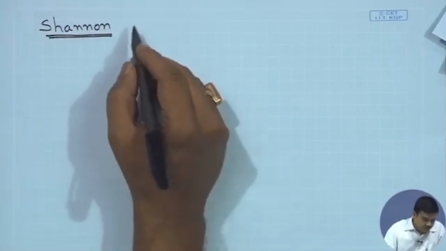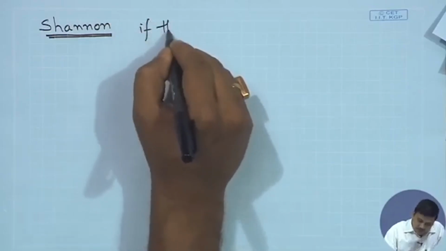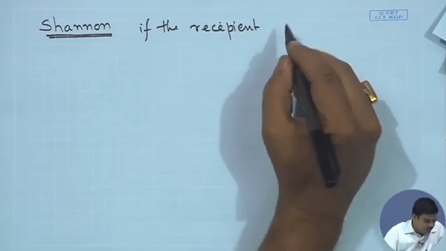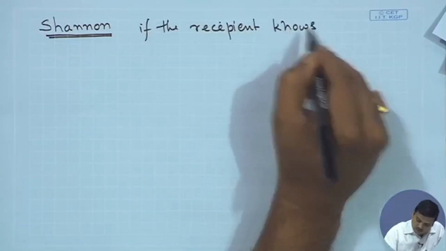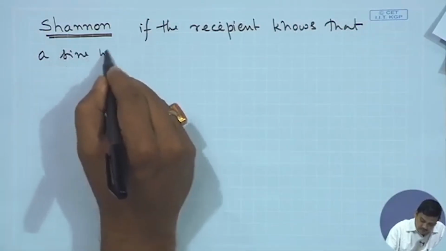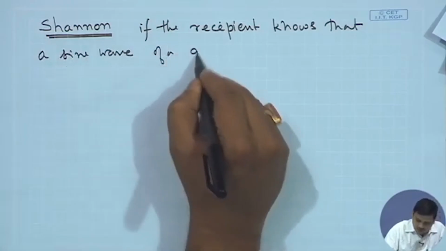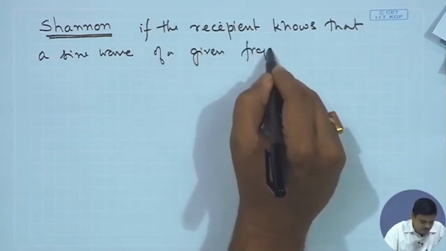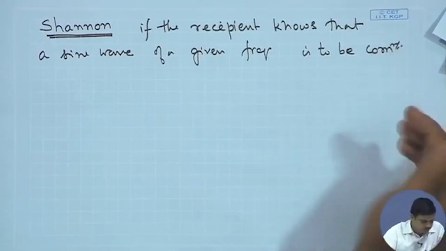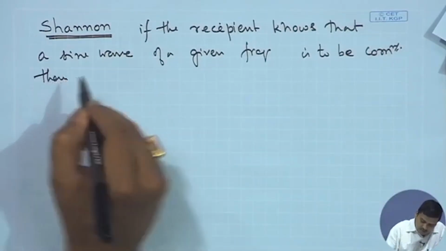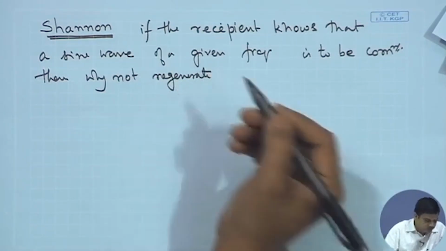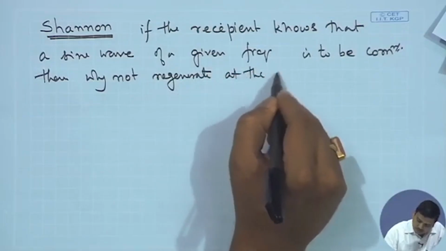So primarily due to Shannon, his view was that if the receiver or if the recipient knows that a sine wave of a given frequency is to be communicated, then why not regenerate it at the output, right?